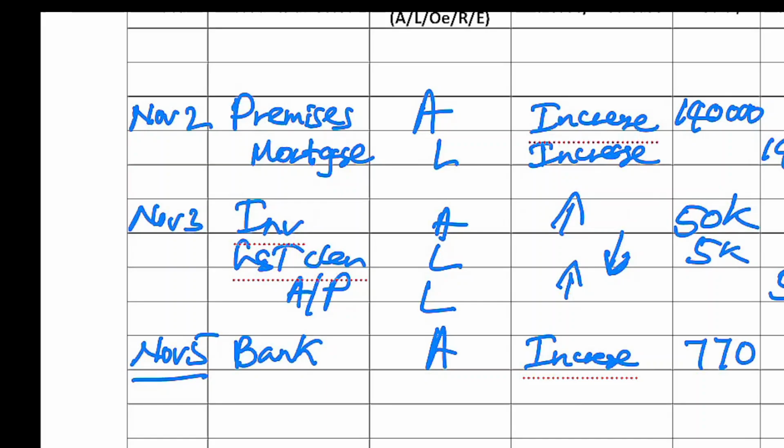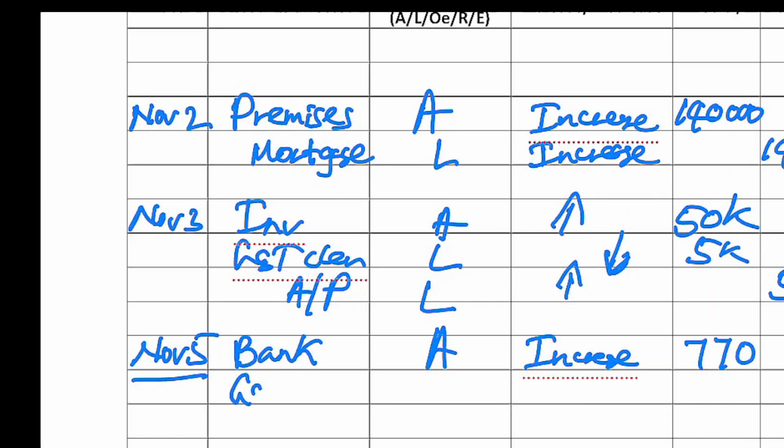770. Why 770? They said 700 is the selling price with GST, because you add 10%, yes? Okay, 770. Then what is the other item? We are recording firstly at the selling price.